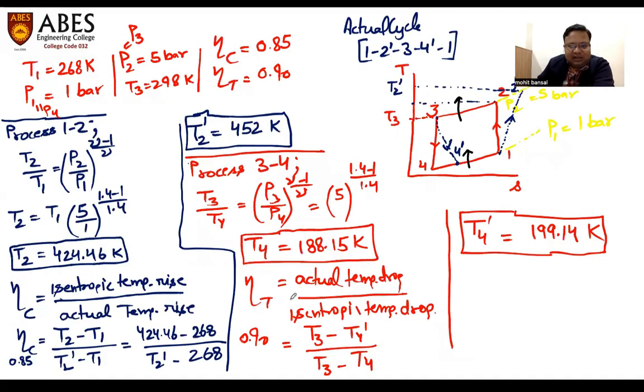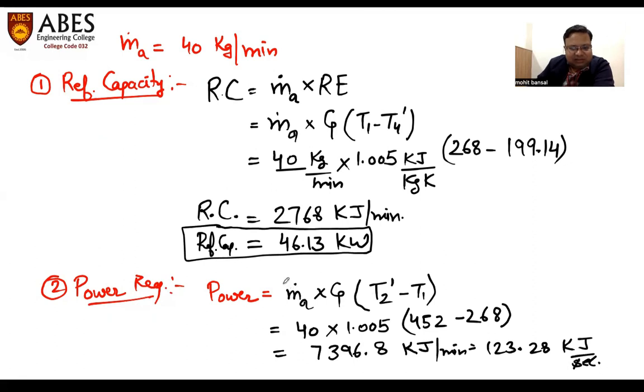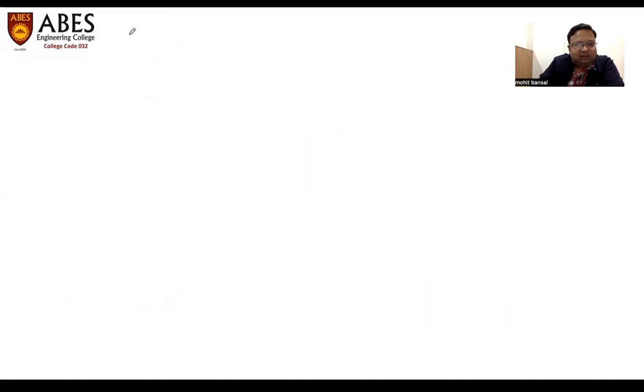So that will be the power required for the compressor. Actually, this term is the net power, that will be work of the compressor minus work of the turbine. So in the last slide, we have calculated the work of the compressor, which is happening in the 1 to 2 dash.